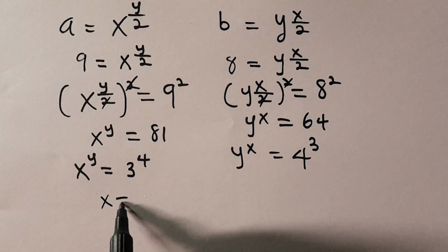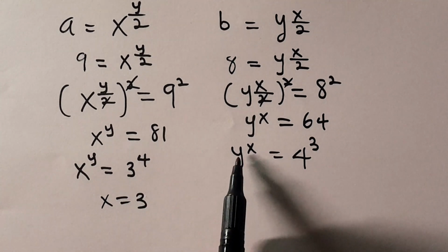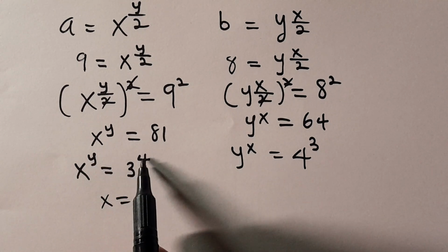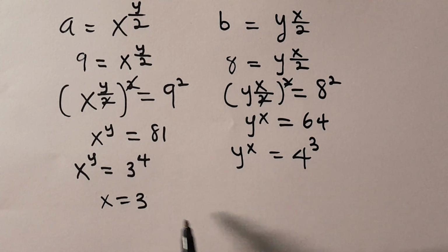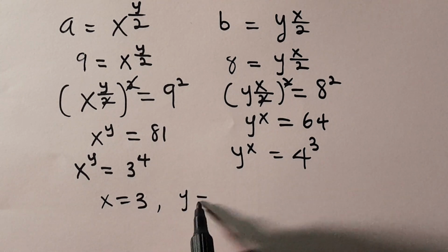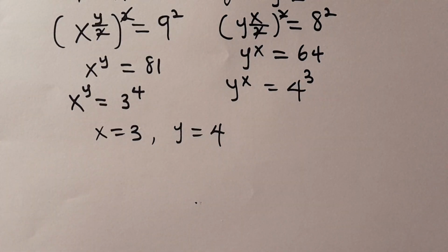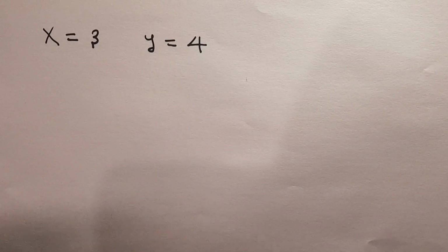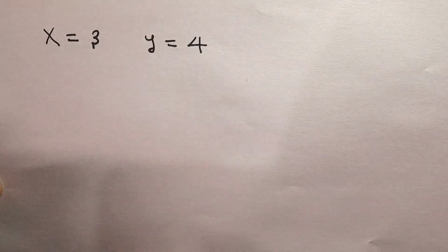We have x to be equals 3, and also y, x raised to power y equals 4, y raised to power x, y equals 4 here. So therefore, y equals 4. So, the value of x equals 3 and the value of y equals 4.